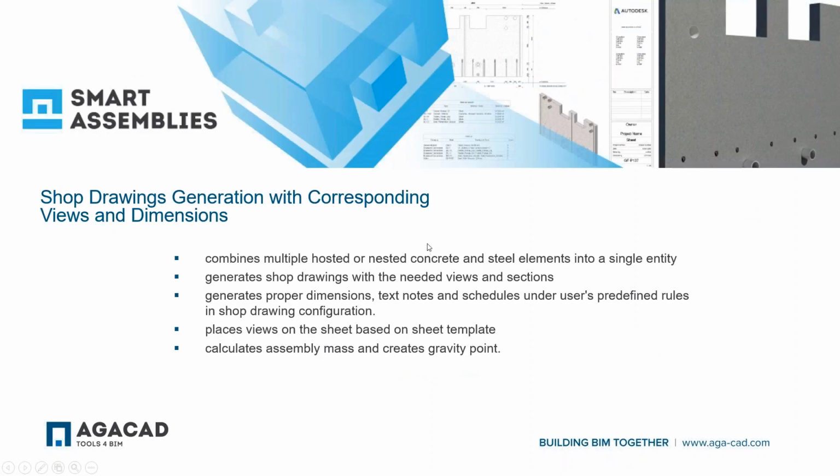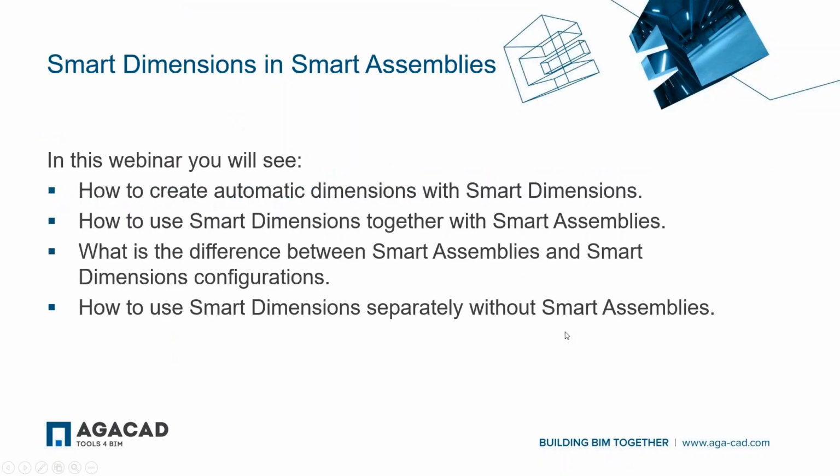Smart Assemblies creates a single entity of host element and details, and it creates shop drawings. It places dimensions automatically and places views on the sheet, and it creates a gravity point and calculates the assembly mass. But in this webinar, I would like to talk more about smart dimensions and smart assemblies.